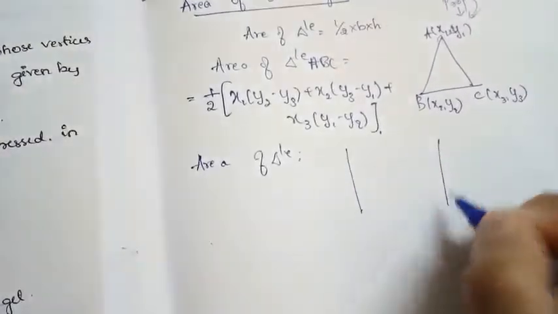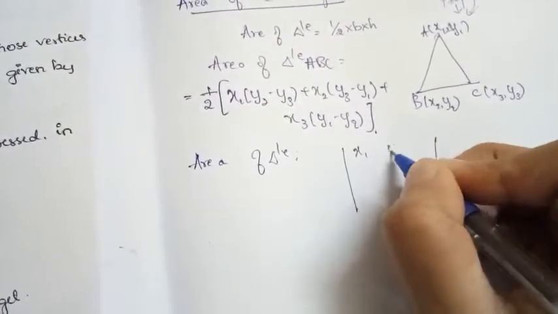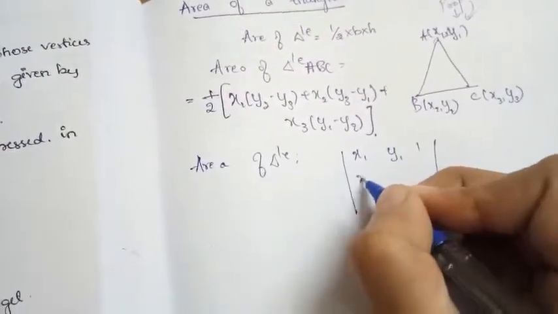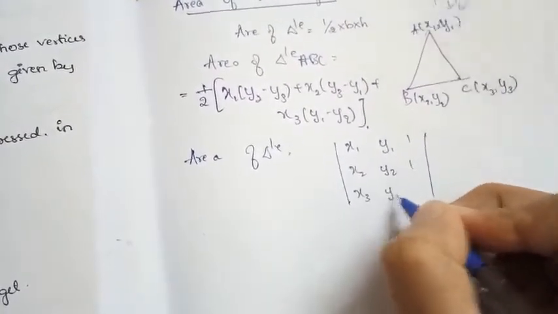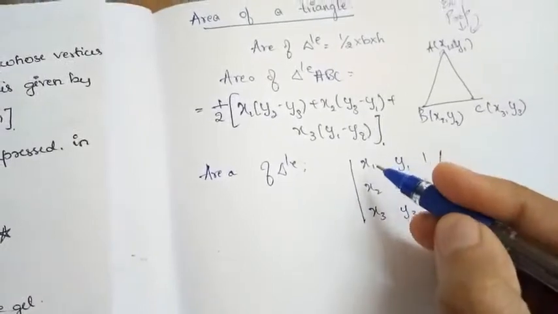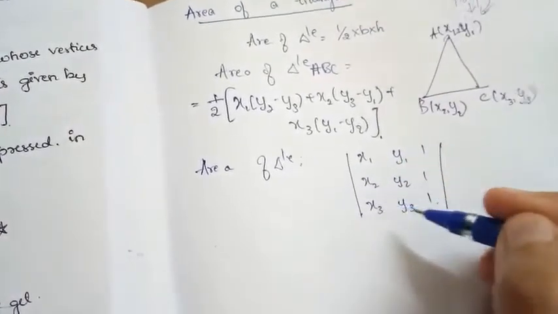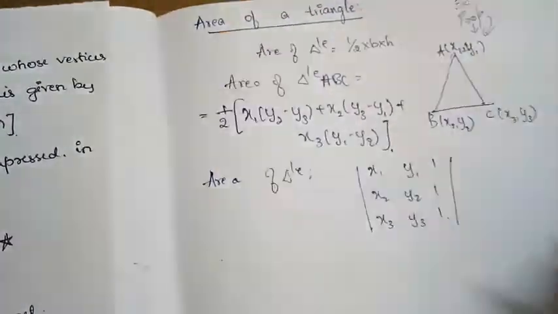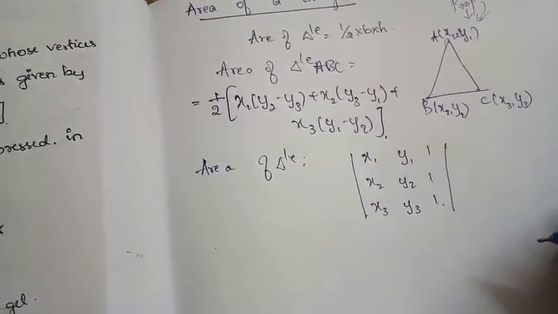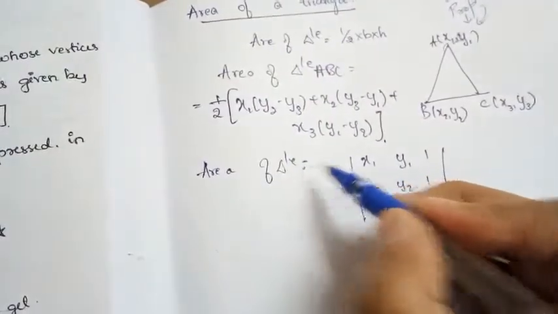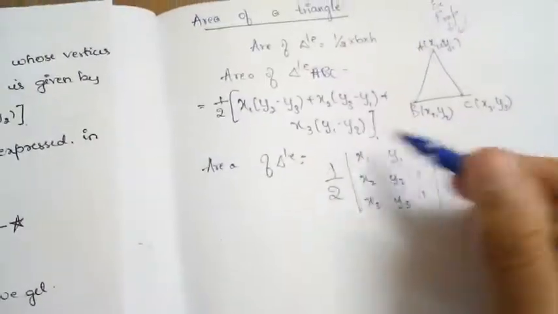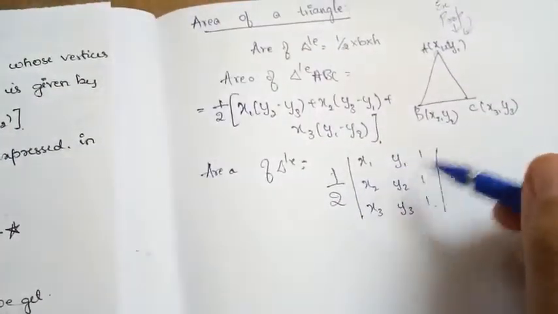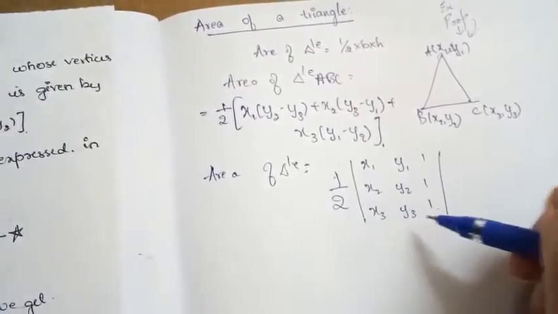It is given by the determinant with rows x1 y1 1, x2 y2 1, x3 y3 1, where x1 y1, x2 y2, x3 y3 are the coordinates of the 3 points of a triangle. Then the area of the triangle is half of the determinant value of x1 y1 1, x2 y2 1, x3 y3 1.